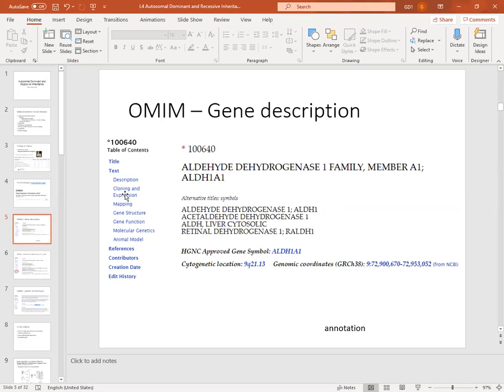And you have here cloning and expression, mapping of the gene, the chromosome number, gene structure and gene function, and they also have the animal model here. Because before doing experiments on humans, they need to do experiments on animals first. We cannot do experiments on humans.